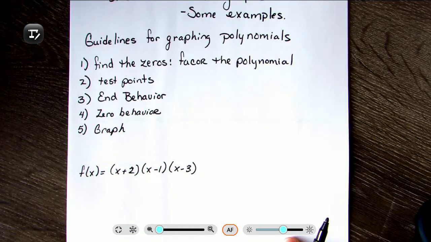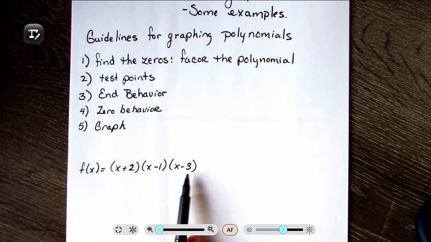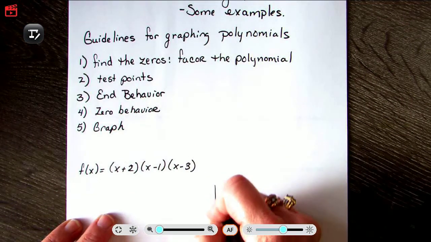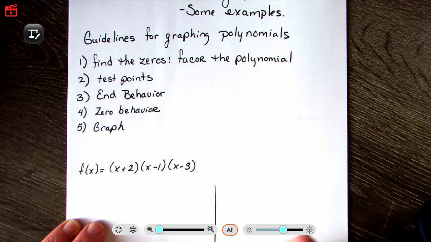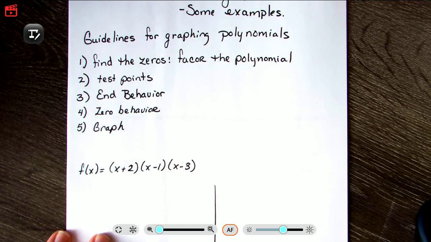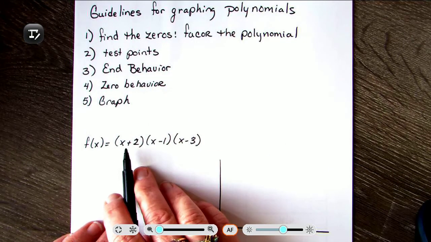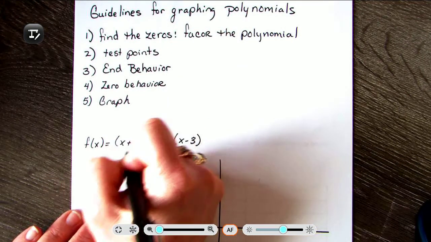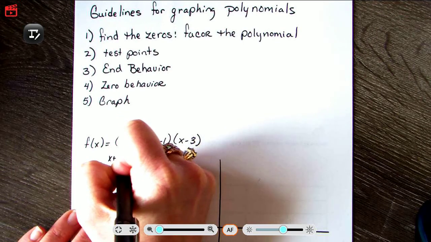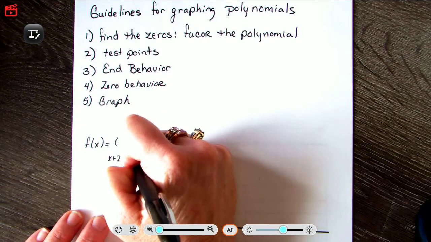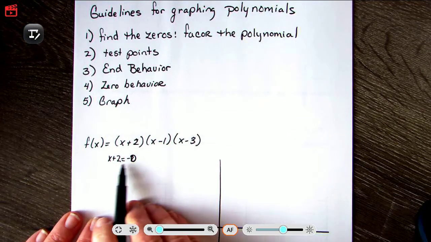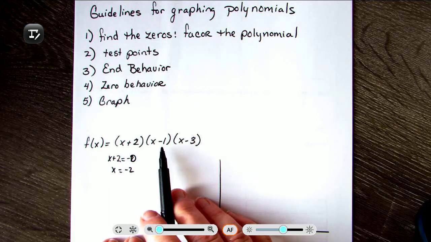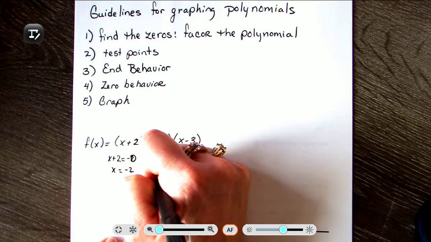So here's the first example. The nice thing is it is already factored, so we're going to be calculating those zeros. When we're looking for the zeros, we can set each of these little factors equal to 0. Pretty soon you will get to be really good at this. x plus 2 is equal to 0, so x is negative 2. x minus 1 set equal to 0, so x equals 1.